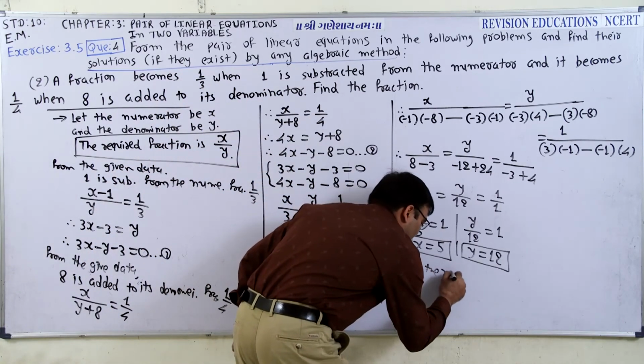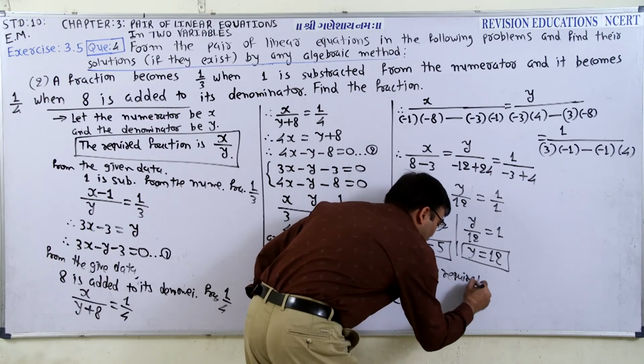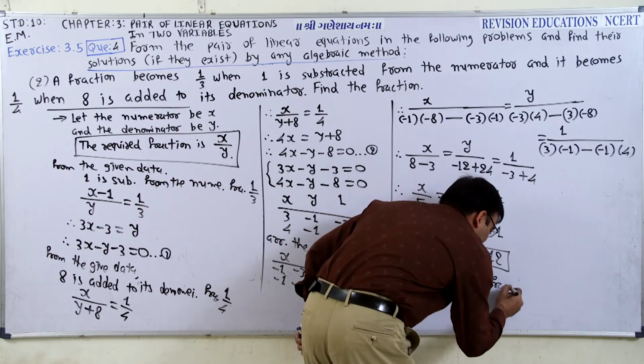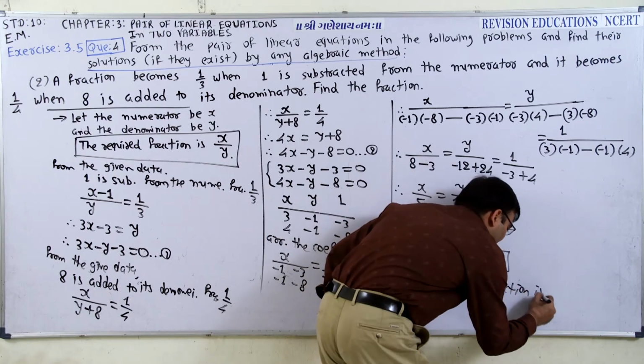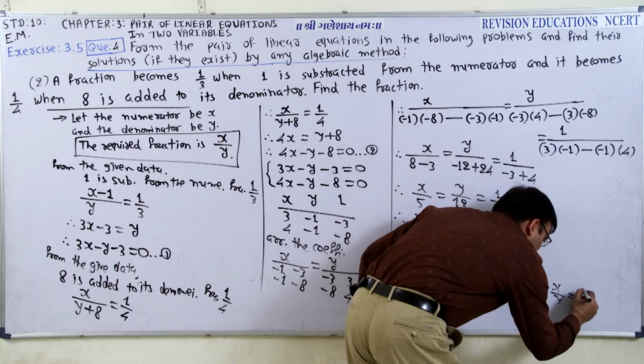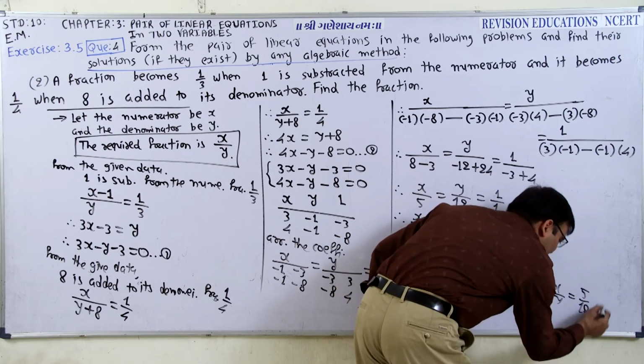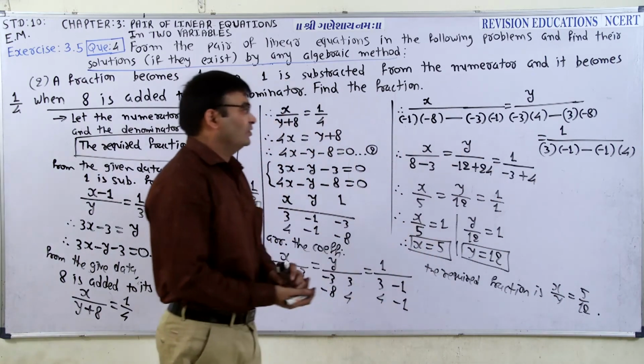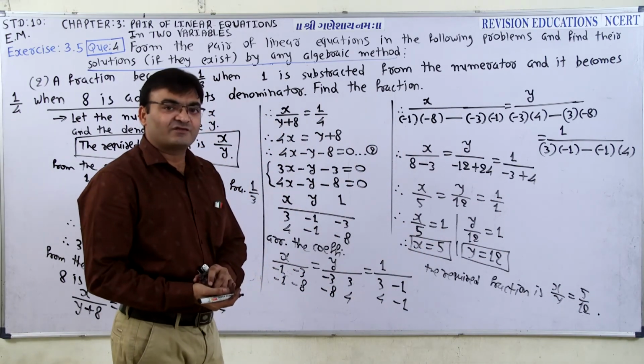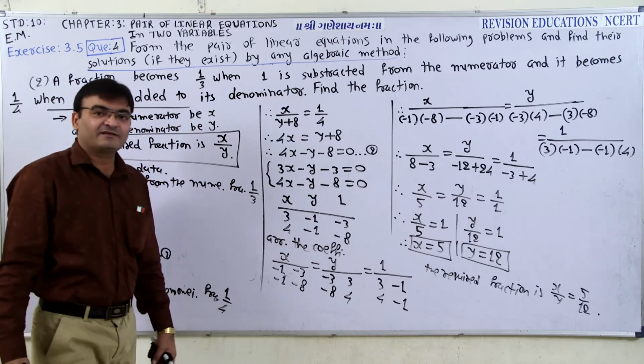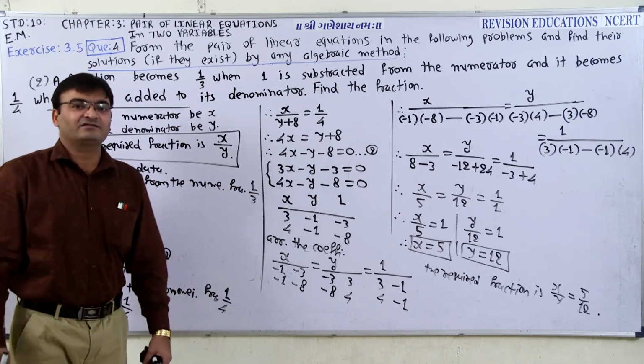The required fraction x upon y is equal to 5 by 12. So this sum we solve this way, friends. It's very easy and very simple. Enjoy this sum, friends. Thank you very much.